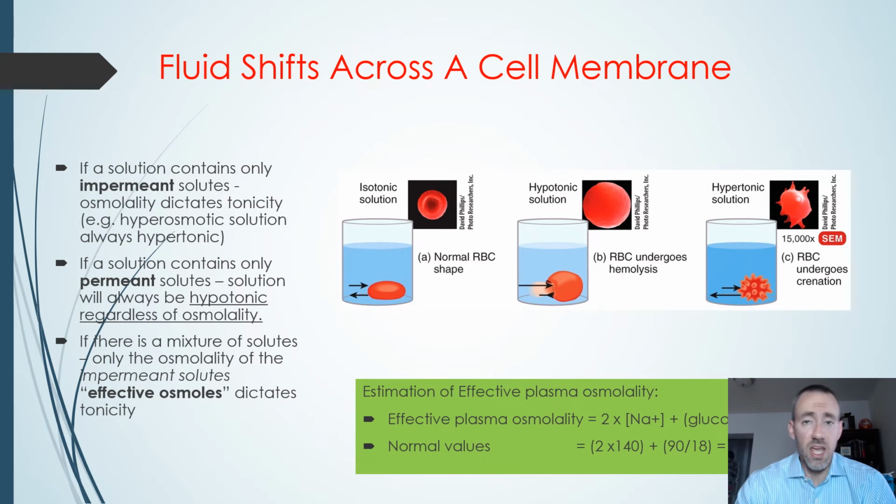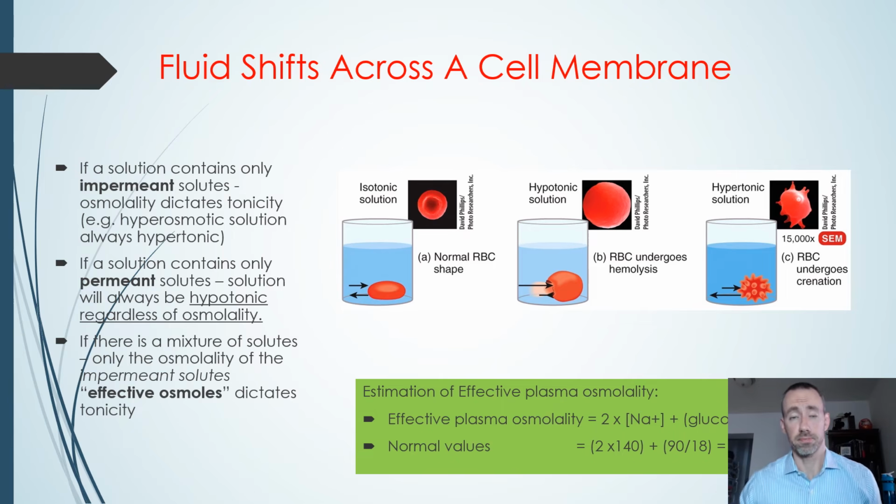However, if I have a mix of impermeable and permeable solutes, it's the impermeable ones that are actually going to dictate the tonicity. So in our bodies, of course, we have a mixture. So the ones that are going to really dictate that will be the impermeant ones. And in our extracellular fluids, those are primarily sodium chloride and glucose, which is why I show you the calculation there at the bottom of the green box.